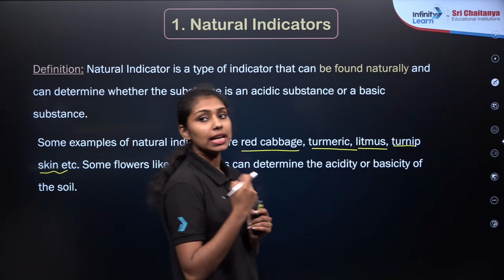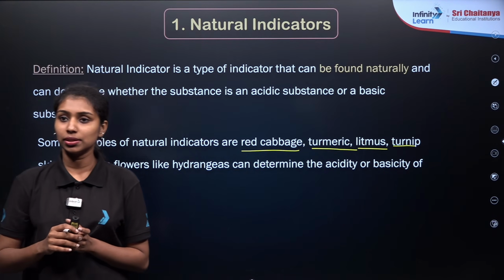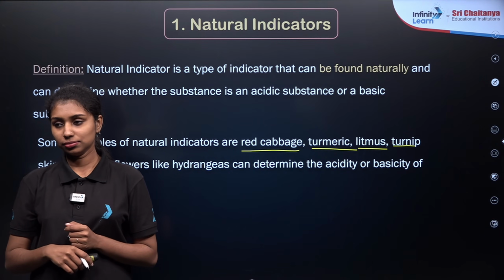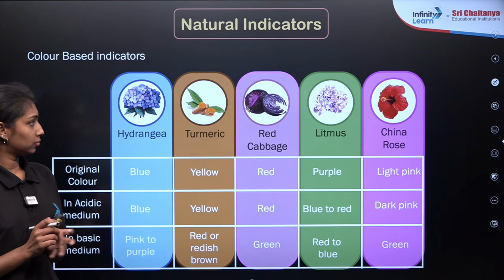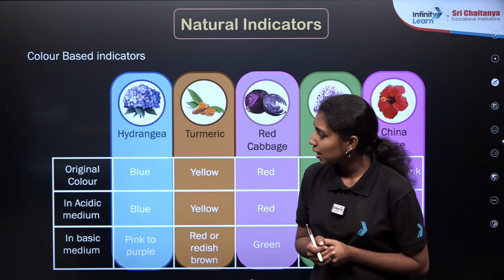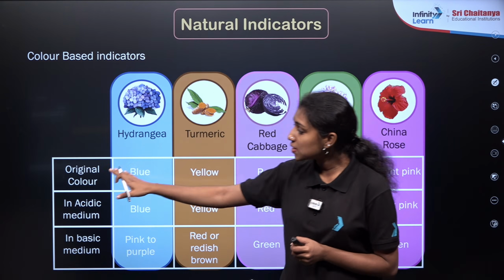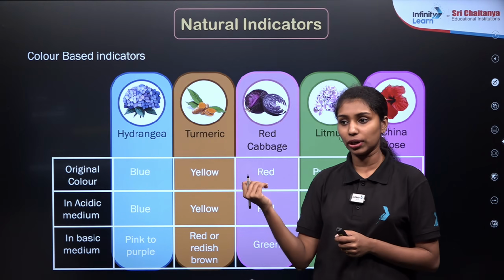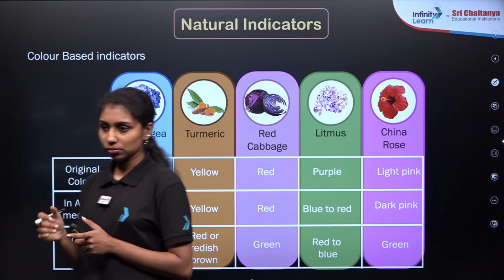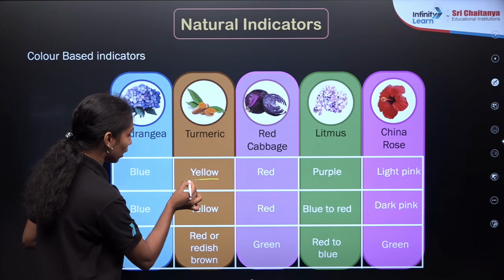If I am taking turmeric as the indicator, what is the color of turmeric in acid solution and basic solution? I hope you can see the color difference, right? So I am taking turmeric as a natural indicator here. Its original color is yellow, as we already know, right?